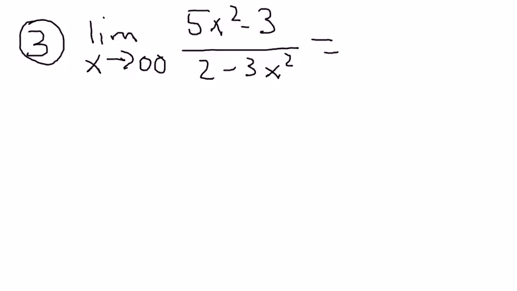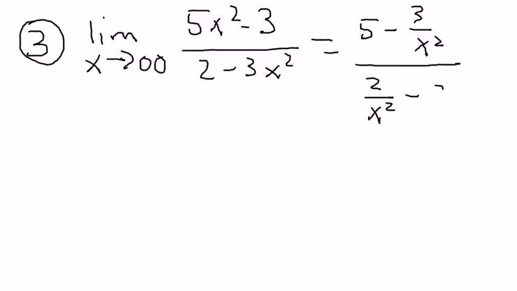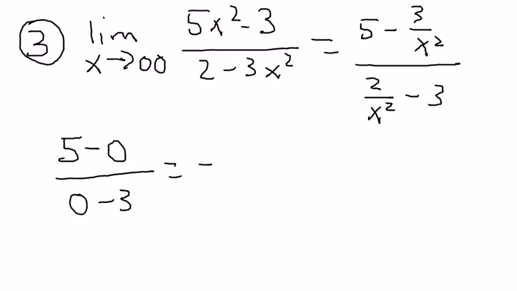So I get 5 minus 3 over x squared, over 2 over x squared minus 3. Now as x goes to infinity, I get 5 minus 0 over 0 minus 3, or negative 5/3.